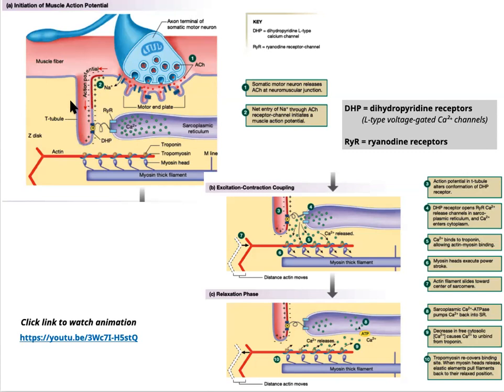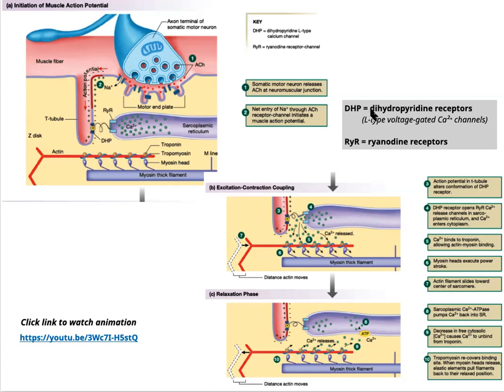transverse tubules, or T-tubules. As the action potential spreads down the T-tubule, it triggers voltage-gated calcium channels called the DHP or dihydropyridine receptors located on the T-tubules.